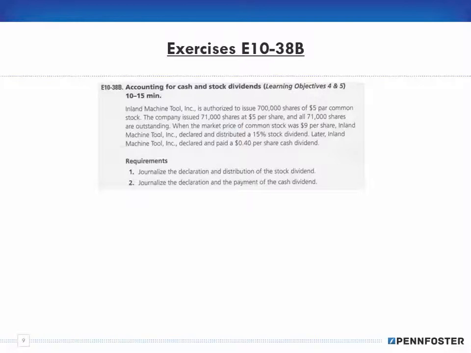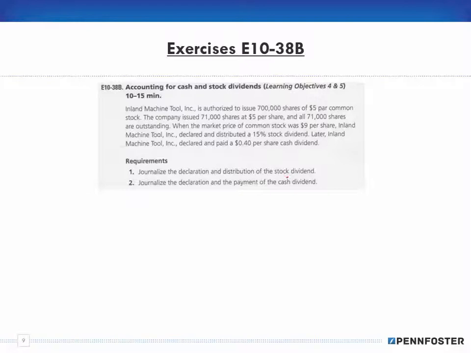When the market price of common stock was $9 a share, Inland declared and distributed a 15% stock dividend. Later, Inland Machine declared and paid a 40 cents per share cash dividend. Journalize the declaration and distribution of the stock dividend, and journalize the declaration and payment of the cash dividend.